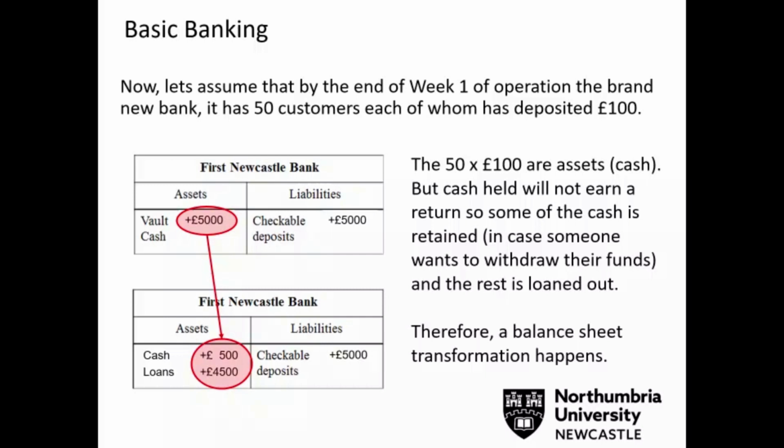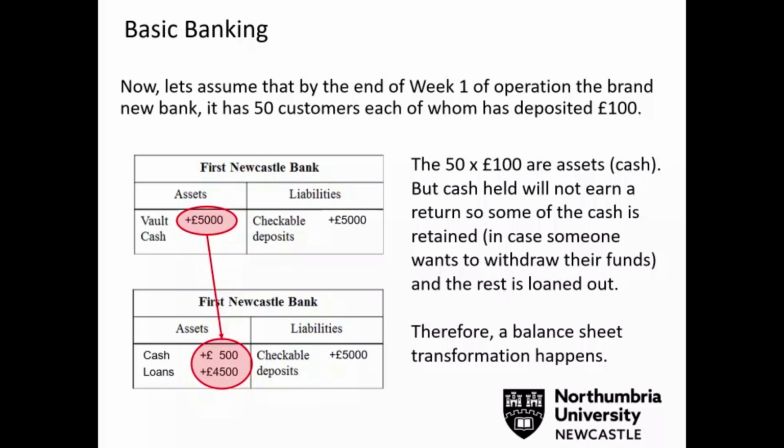But this is where the wealth creation actually happens. Banks don't just put the cash in the vault. If we look at the second balance sheet, this is what actually happens. What the bank does is, again, liability stays the same at 5,000, but on the asset side, this is where the maturity transformation happens.